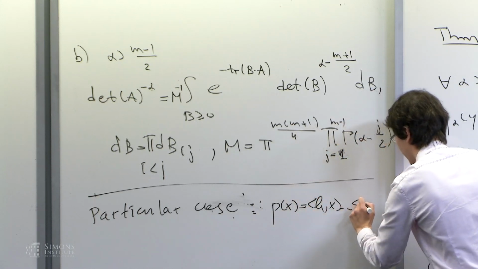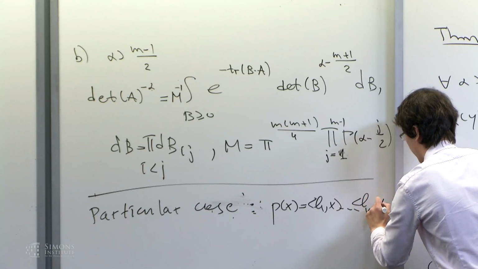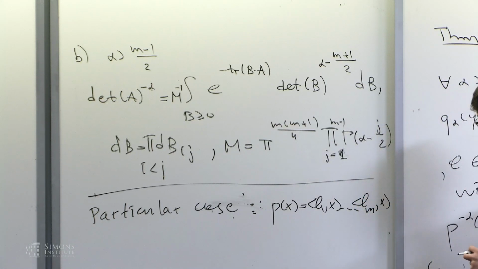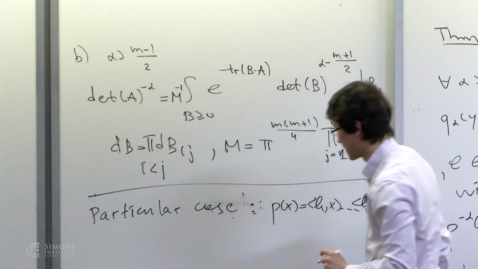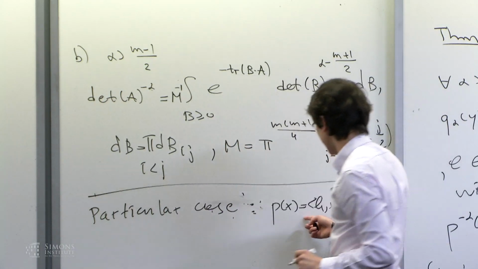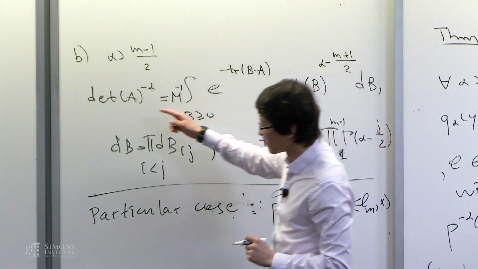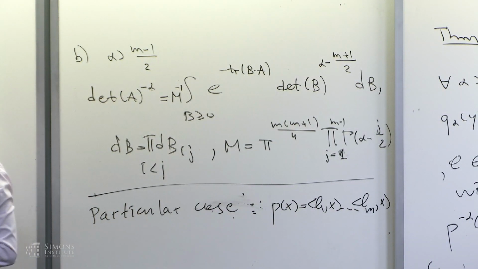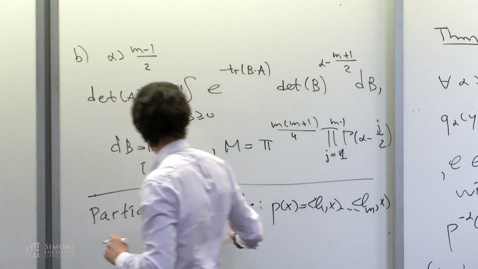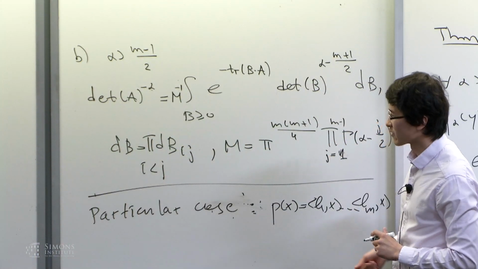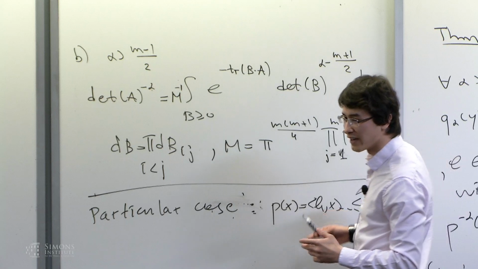I take m many vectors, L1 through Lm, and I take the product of linear forms defined by these vectors. And in fact, in this case, it's not only completely monotone for exponents in this set, but the inverse power is actually completely monotone for any positive alpha.